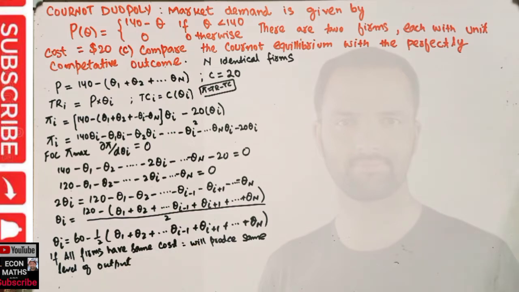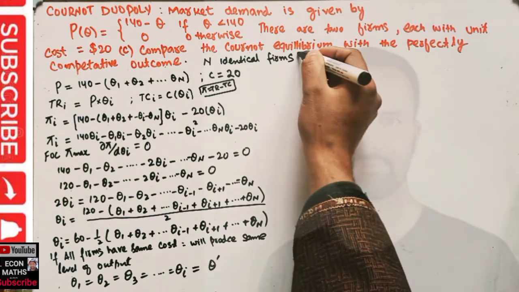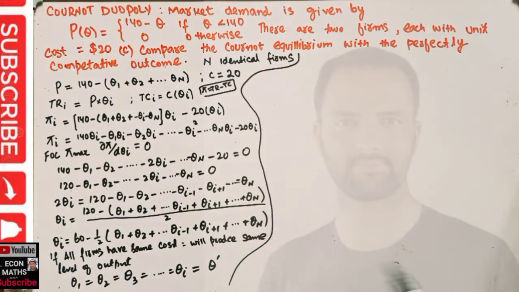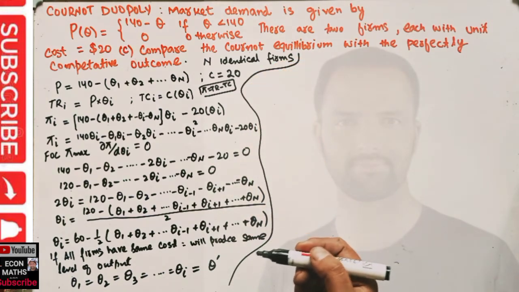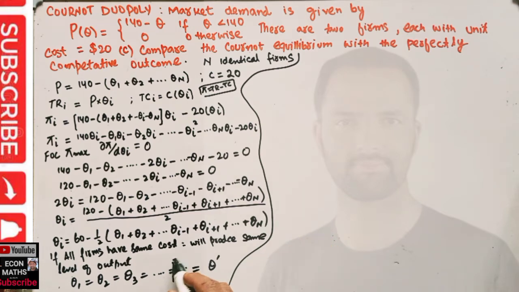That is, we can write that the output produced by the first firm is equal to the output produced by the second firm is equal to the output produced by the third firm is equal to the output produced by the ith firm. Let us say it is equal to q dash. We assume that all firms have the same cost, they produce the same level of output, then the output produced by each firm, let us denote it by q dash. Now we can write qi is equal to q dash here. So in place of qi we have q dash.